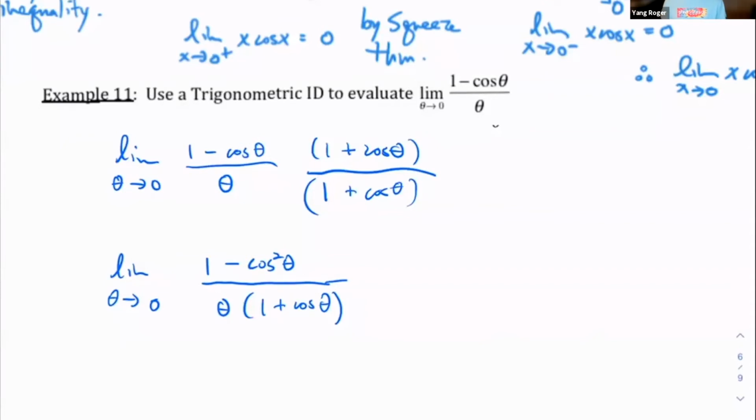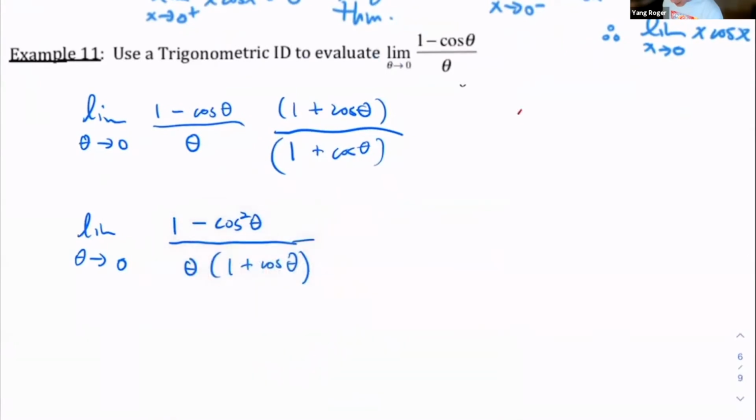Okay. So does anyone recognize what this is in terms of a trig identity? What's 1 minus cosine squared theta? Maybe you forgot.